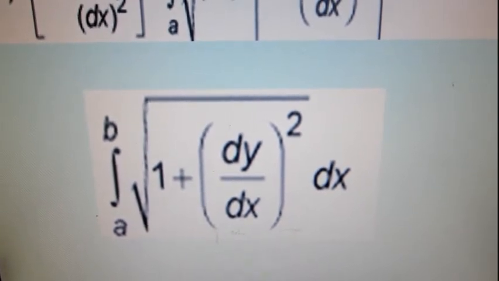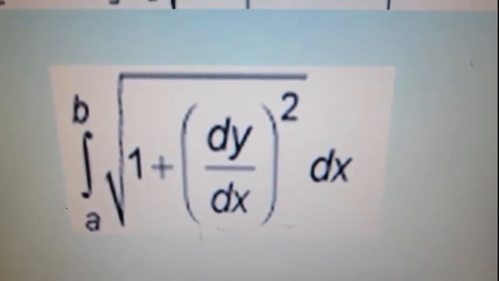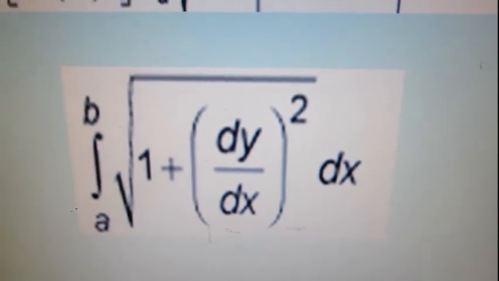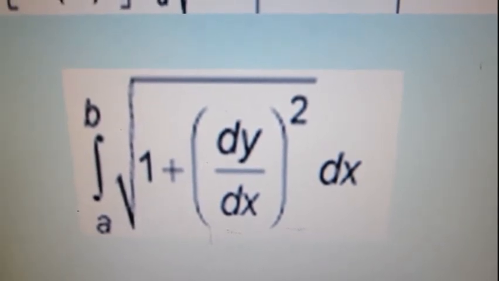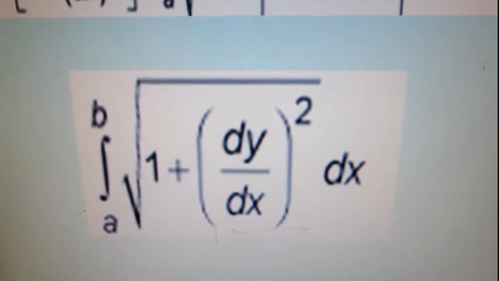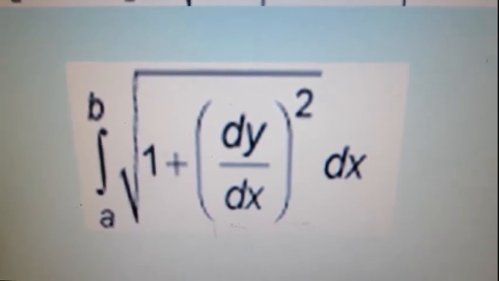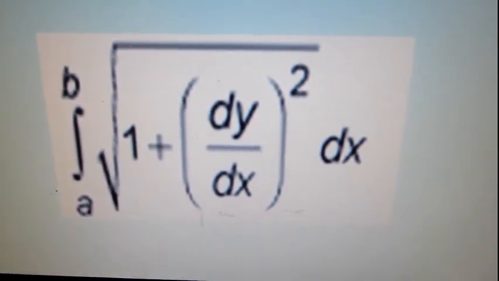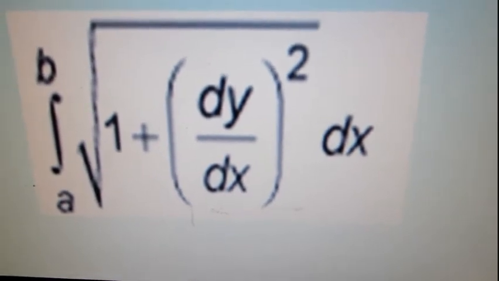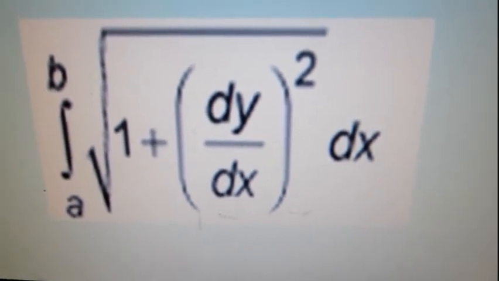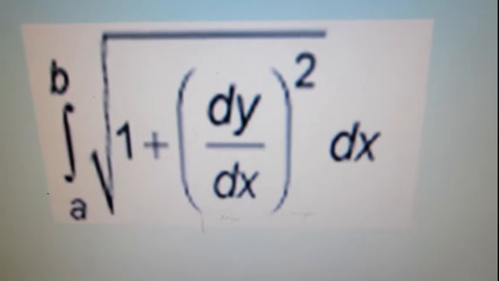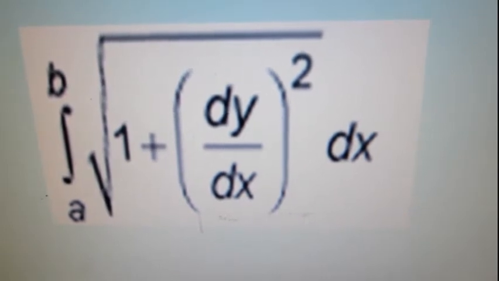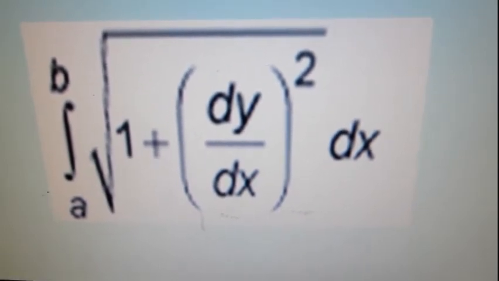Now we got the formula. The arc length along a curve of a function from A to B is given by the following integral. The expression inside this integral is simply the length of a representative hypotenuse.